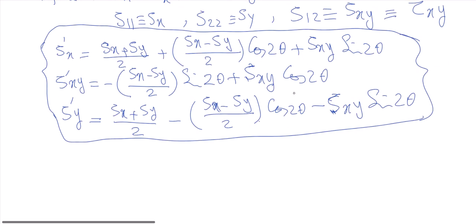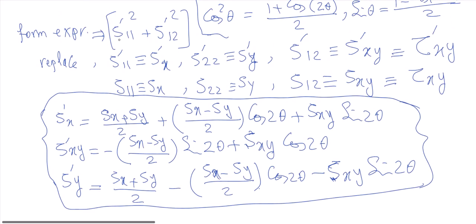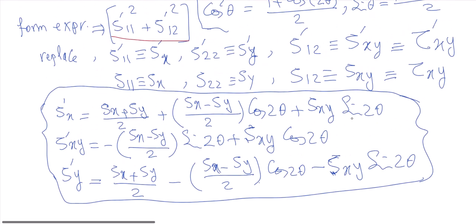Now then you come here and form this expression that I mentioned using this expression, and then you will see that the result is the equation of a circle. That is why Mohr circle is born, or discovered, shall we say.